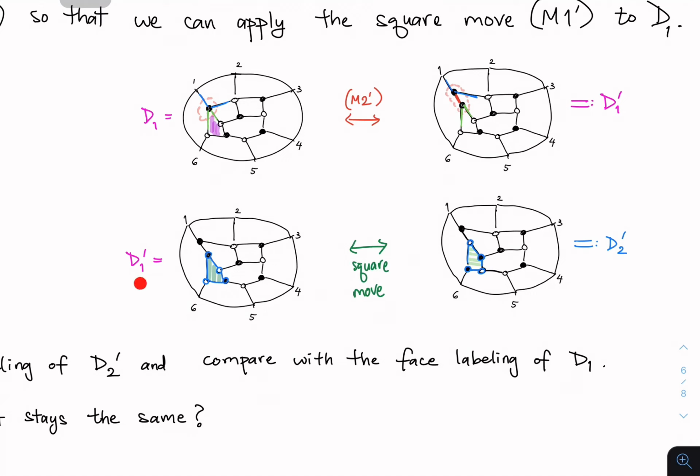Now from D1 prime I have a square in the correct condition to apply the square move. I apply the square move by changing the colors of the vertices of the square, and I'm calling this D2 prime.